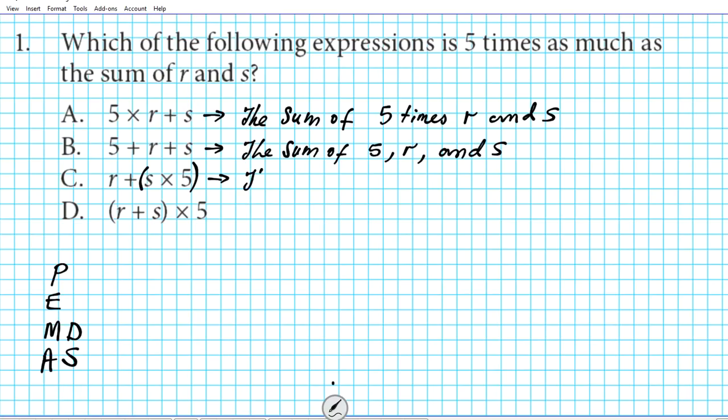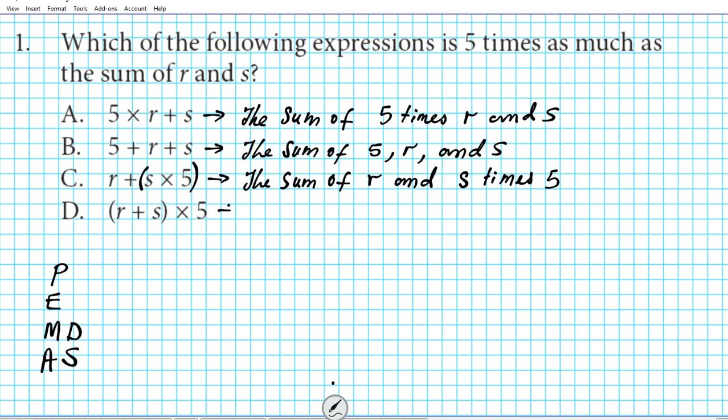So this will be the sum of r and 5 times s. Or you can write it as s times 5, just to preserve the order, even though it makes no difference, since we know that multiplication commutes.